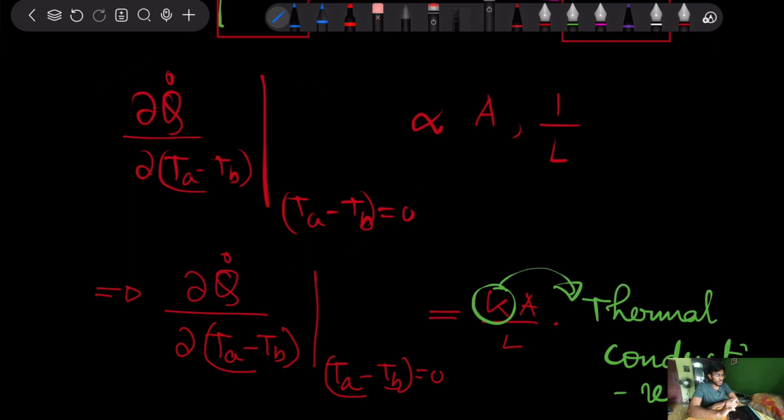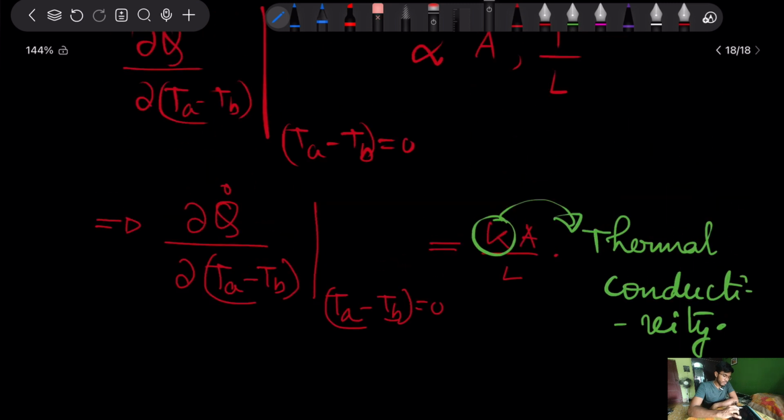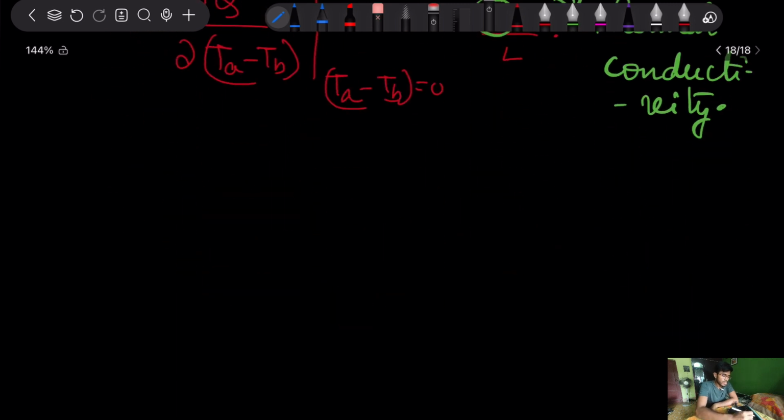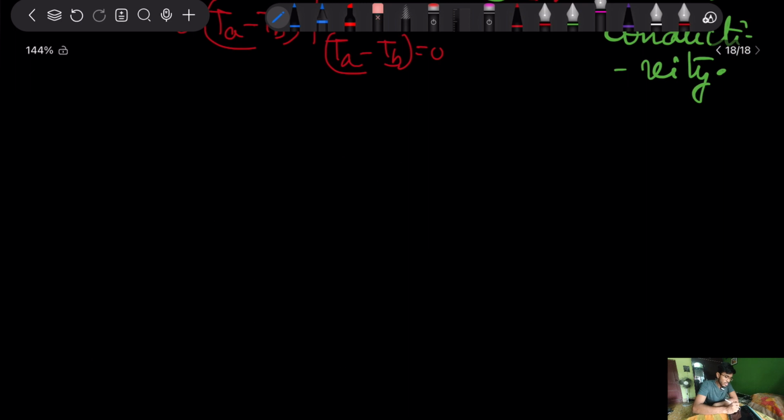This is a very subtle concept: it is a property of the bar because it is evaluated at Ta minus Tb equal to 0, where the bar is at equilibrium. Therefore my q dot is equal to Ka by L into Ta minus Tb.